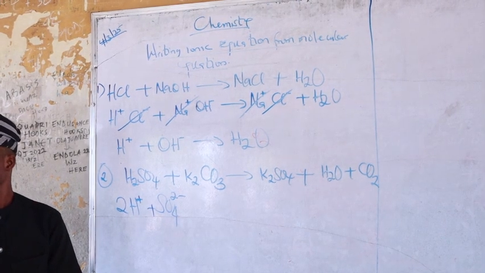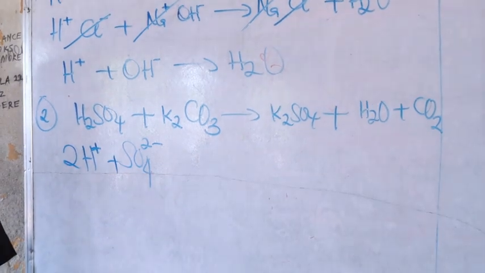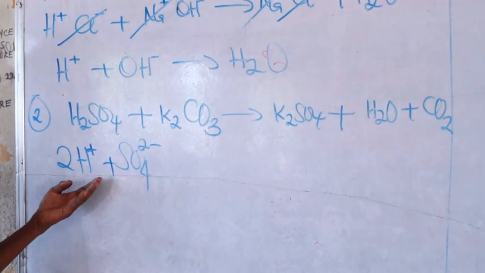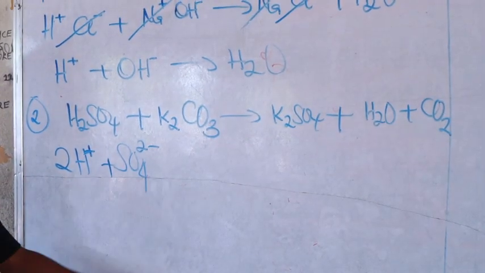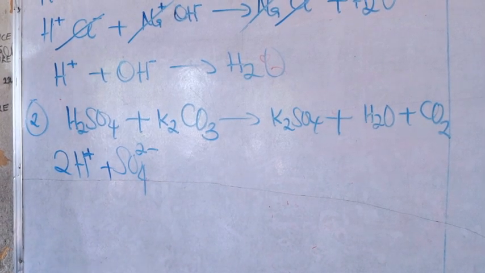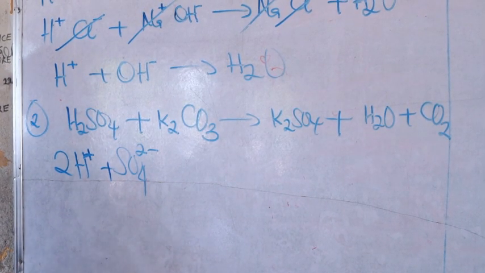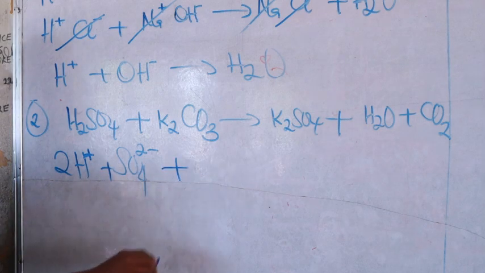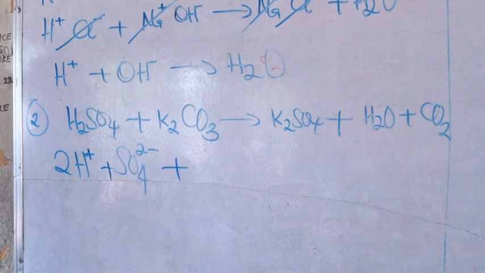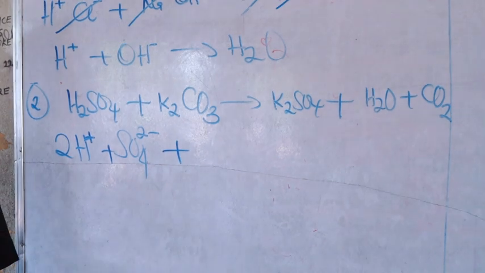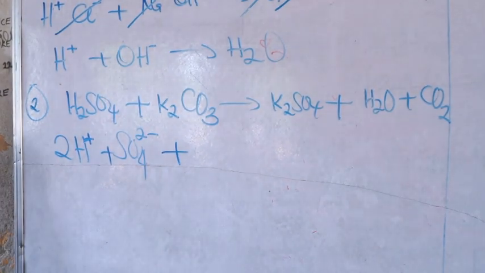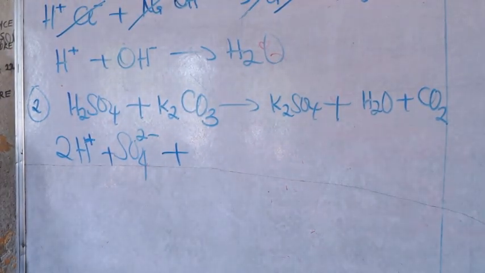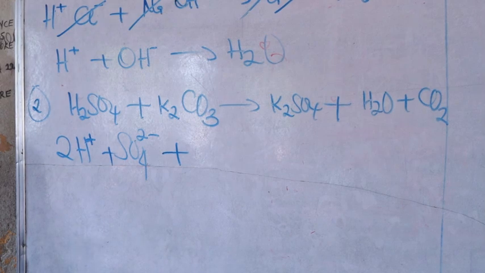When H2SO4 dissociates, it gives us 2 hydrogen ions and 1 SO4 2 minus, plus K2CO3. Is it going to be a strong electrolyte or weak electrolyte? Is it a strong electrolyte or weak electrolyte? So that means we break it into ions.